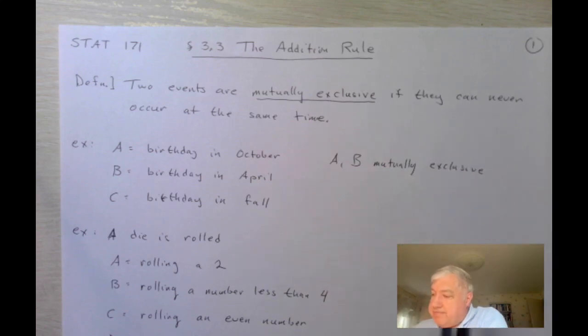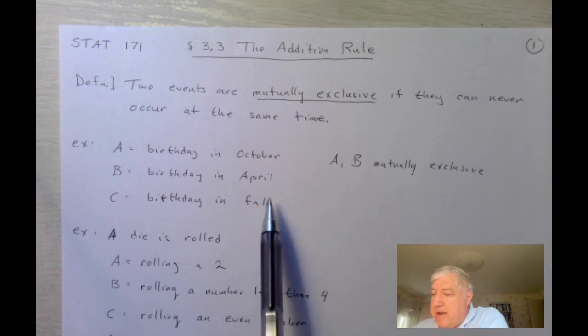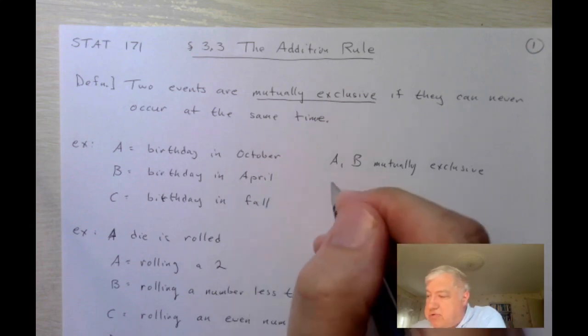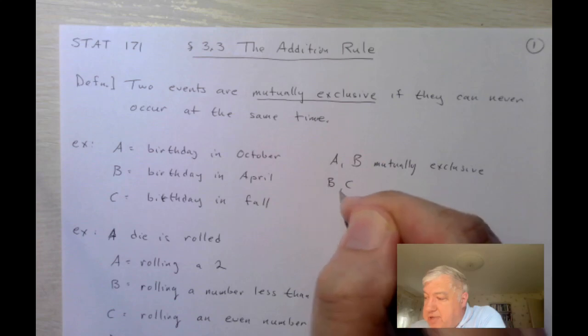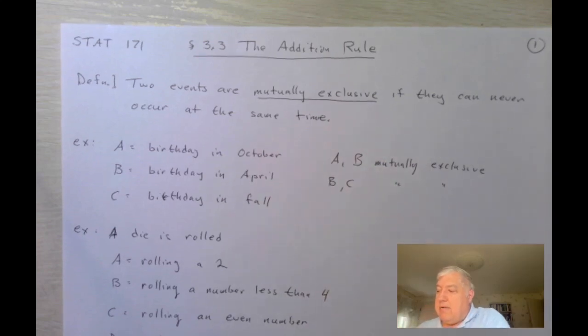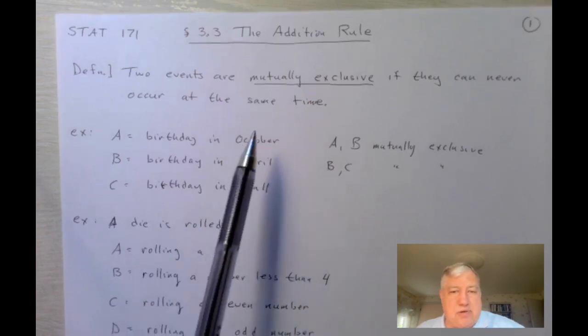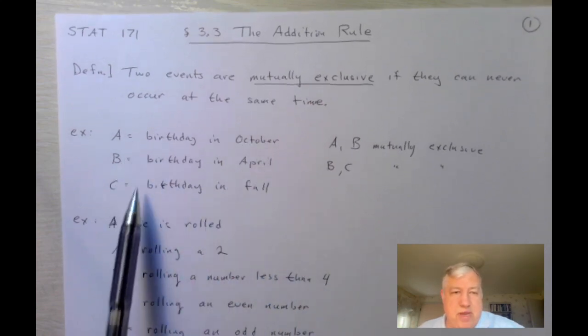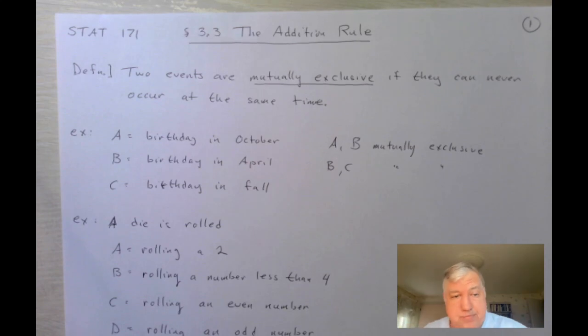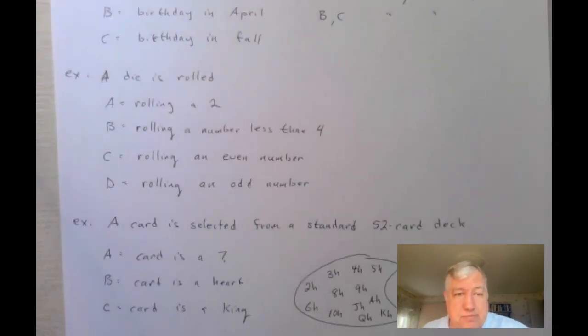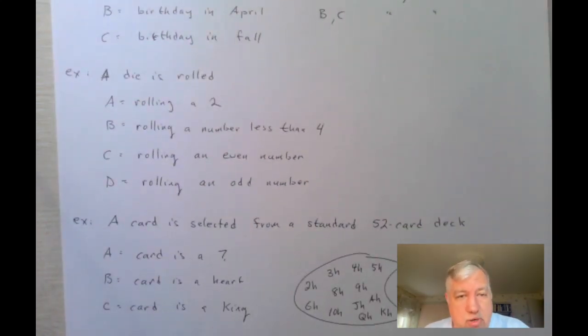Now, of course, April is not in fall, so B and C are also mutually exclusive. A and C, of course, are not, because October is in fall, so A and C would not be mutually exclusive.